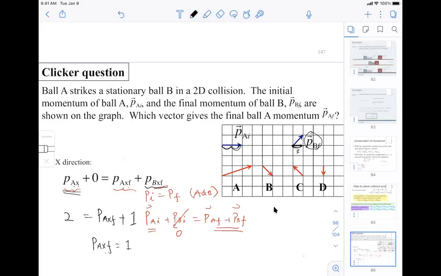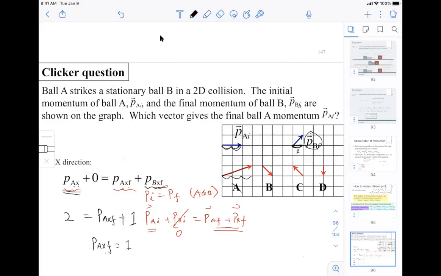So looking at these vectors, which one gives you 1 unit in the X direction? How many units does this one give in the X direction? Three units. Yes, so not A, right? That's 3 units.